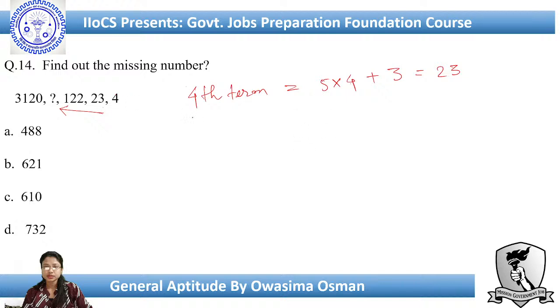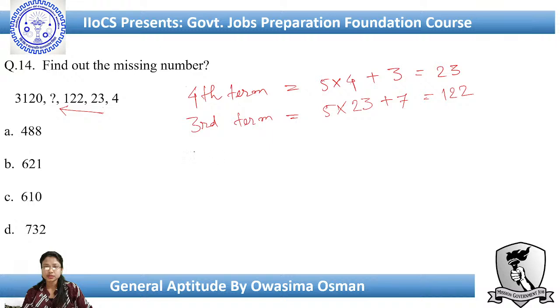Okay, so our third term equals 5 into 23 plus 7, and it will be 122.